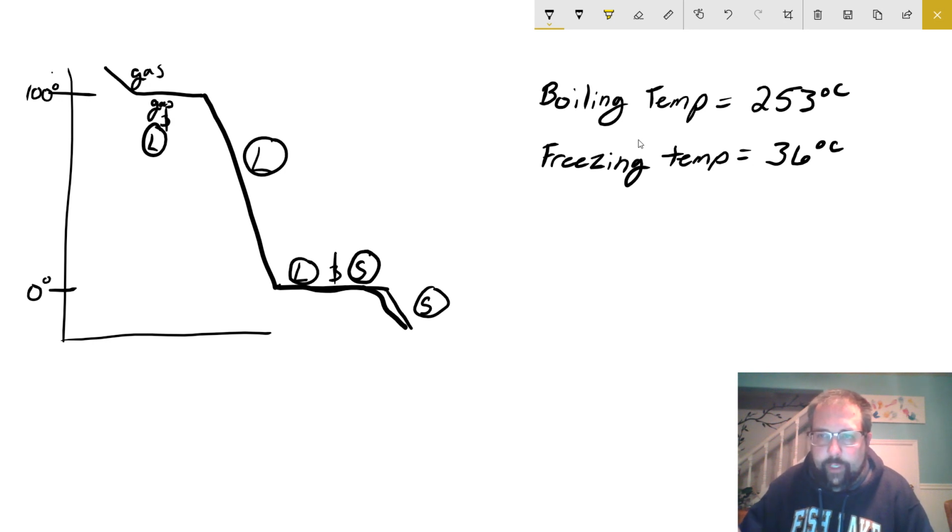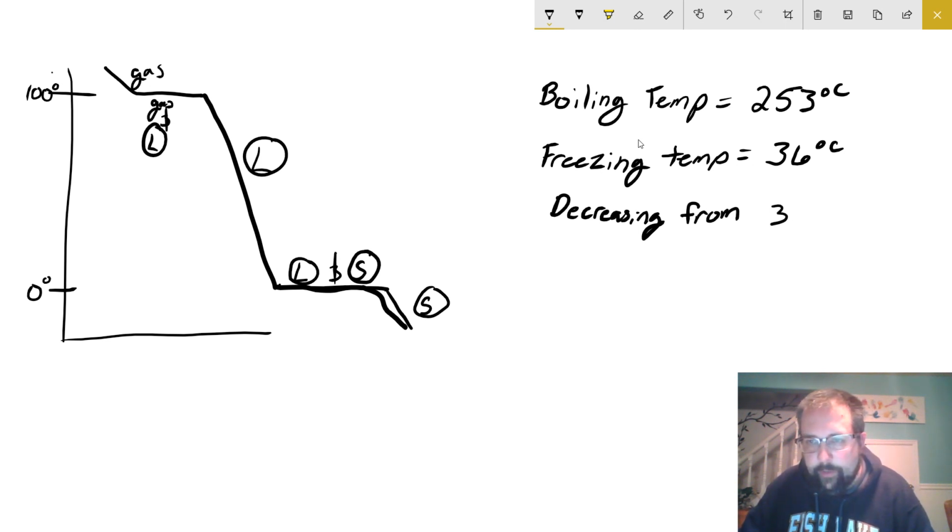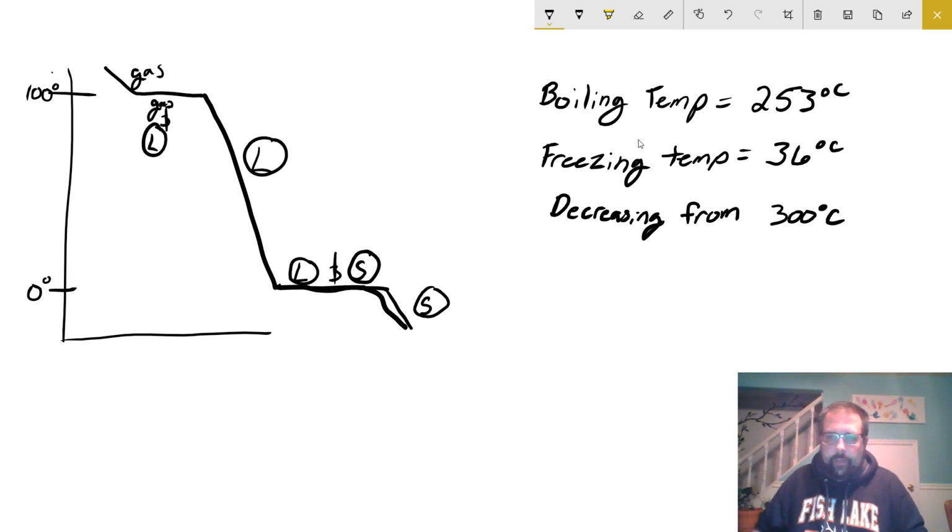What would that graph look like as it is decreasing in temperature, from, let's say, 300 degrees? Go ahead and draw me what that graph would look like.